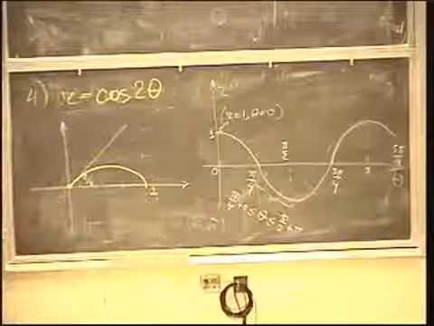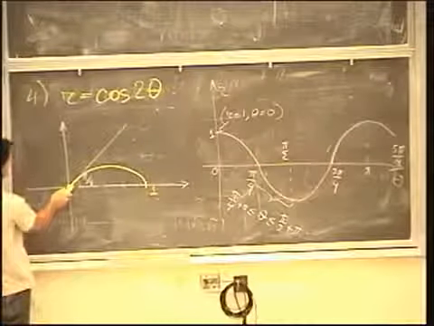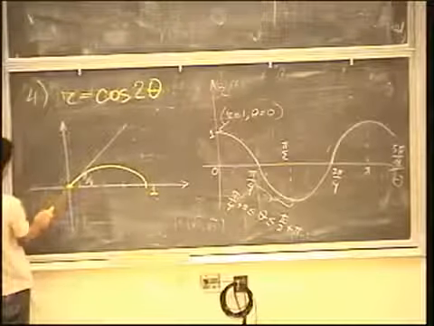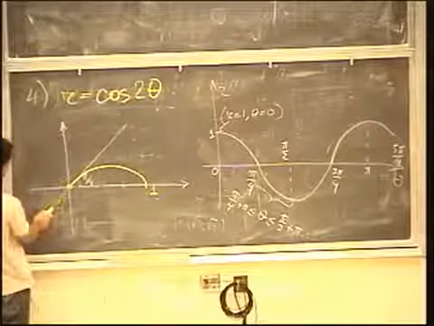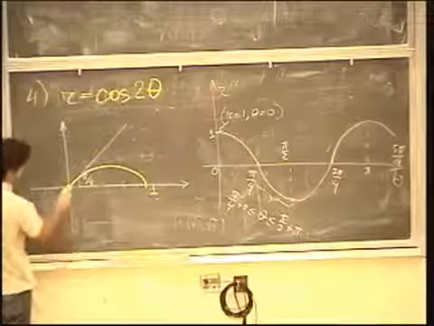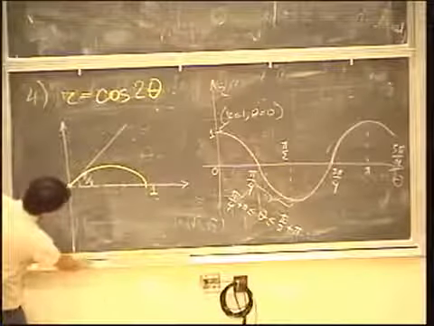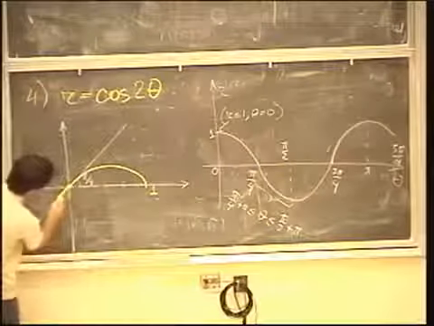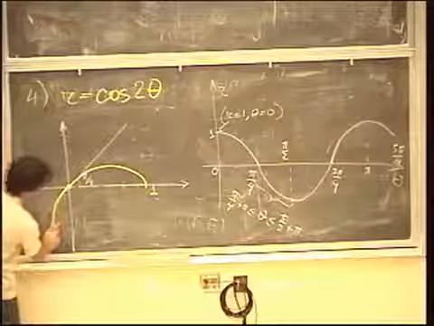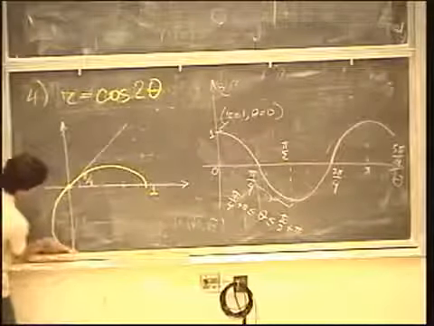So where is that? This is pi over 4. Pi over 4 plus pi is this, and pi over 2 plus pi is this. And it's going to go in such a way that r is going to go to 1 again. Well, it's negative 1, but we have to take the absolute value, so it's going to be like this.